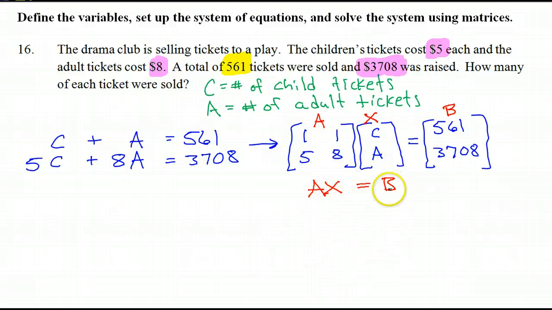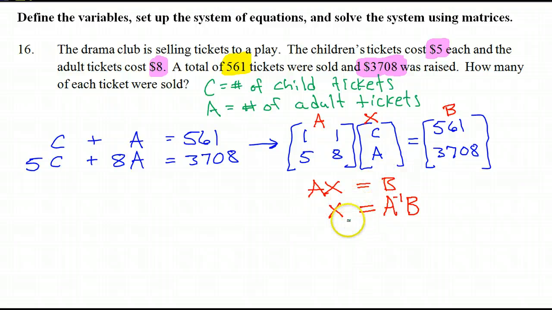But whenever that is true, then it's also true that matrix X will equal A inverse times B. So everything that I just wrote in red, you must write down. This is part of showing your work.